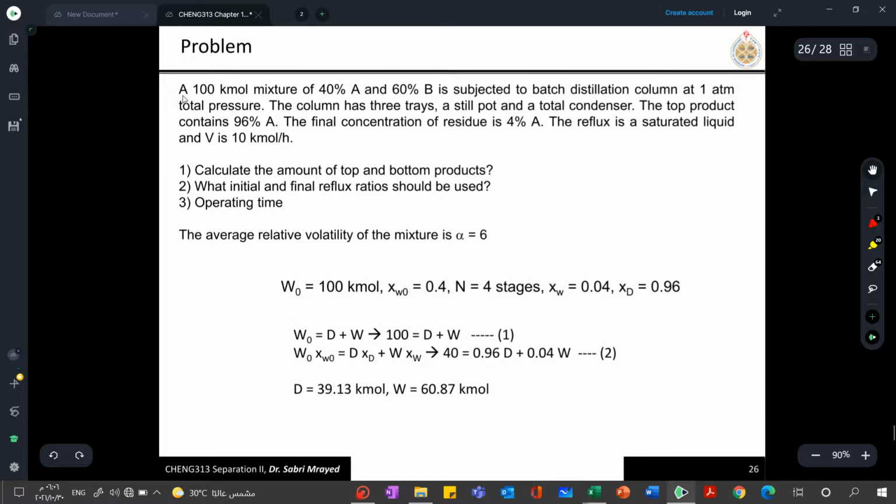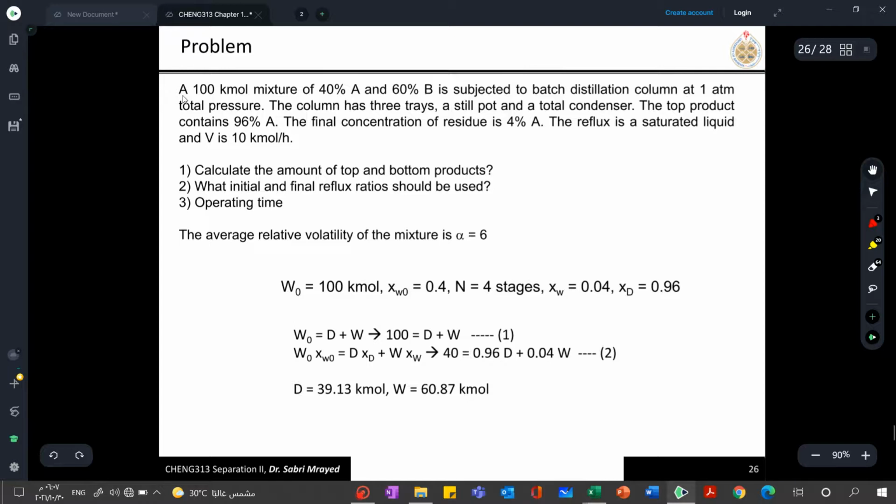The column has three trays, still pot, and a total condenser. The top product contains 96% A. The final concentration of the residual is 4% A. The reflux is a saturated liquid, and V is 10 kilomole per hour.